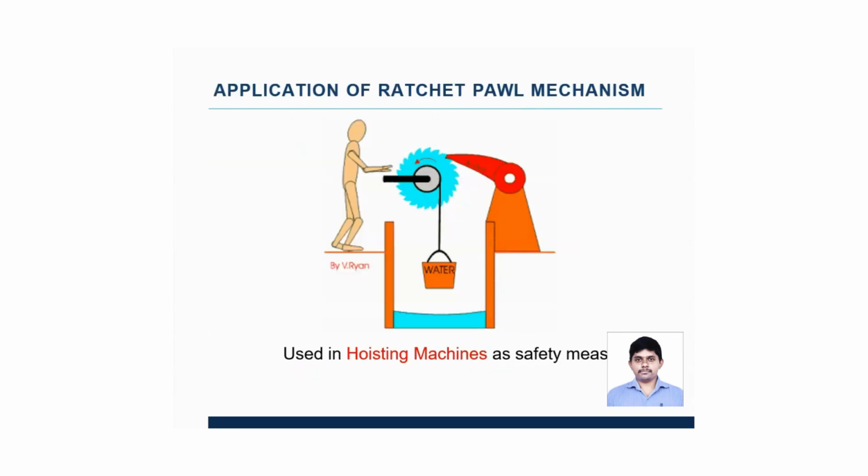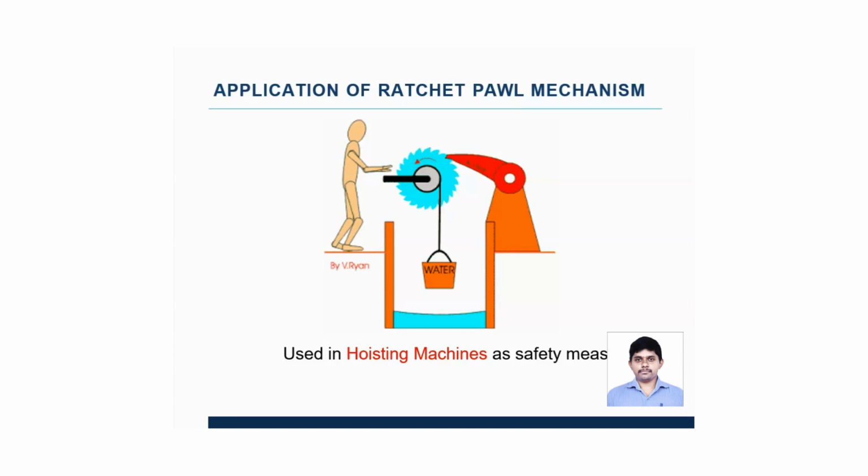As an application of the ratchet Pawl mechanism, let us assume that we are using it for taking water from a well. It's an ancient idea, which ancient people used before the electric motor was introduced. Here it has been used in hoisting machines as a safety measure.